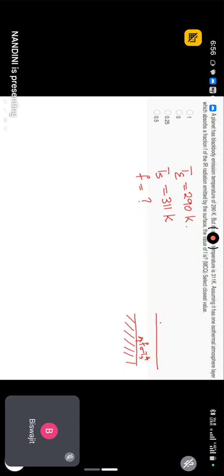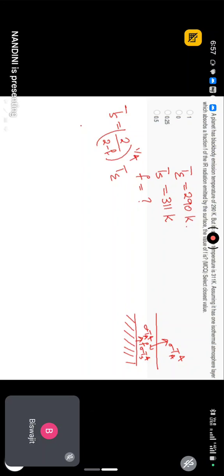The amount of radiation that the layer absorbs will be F sigma Ts raised to 4. So here Ts and Te are given. We need to find the value of F.